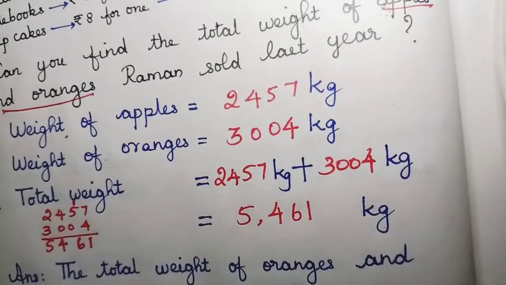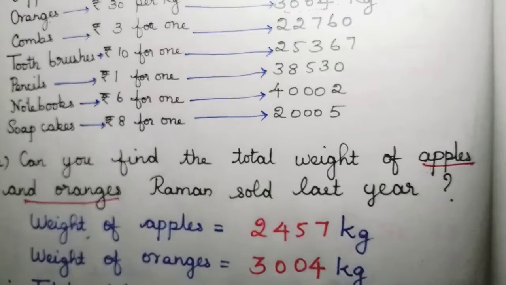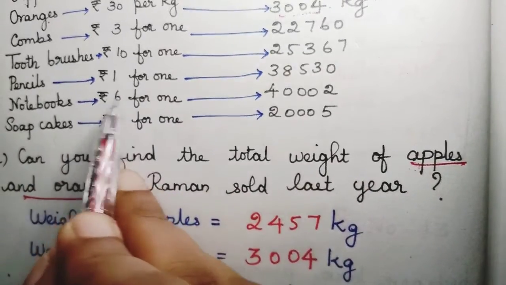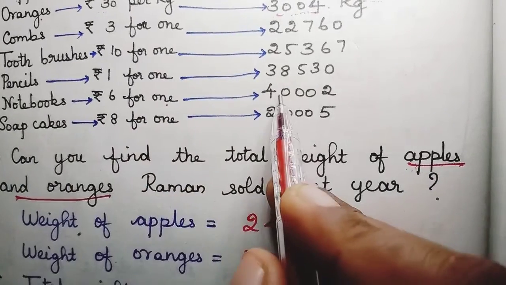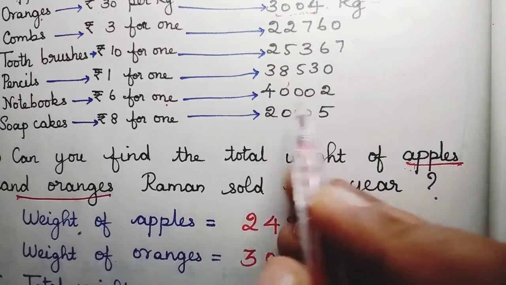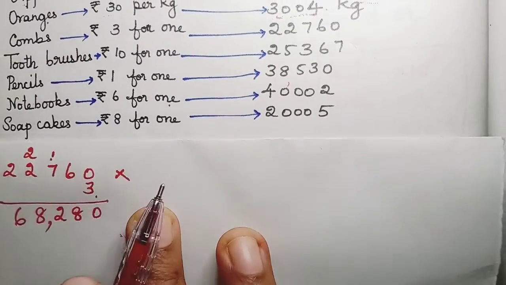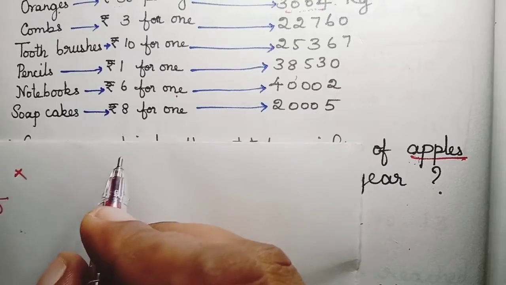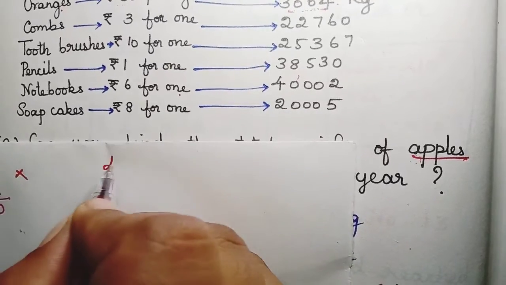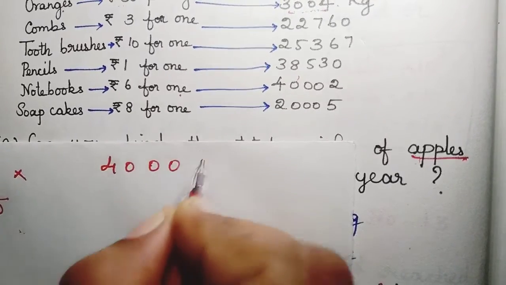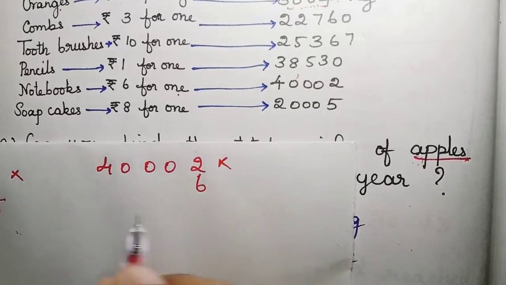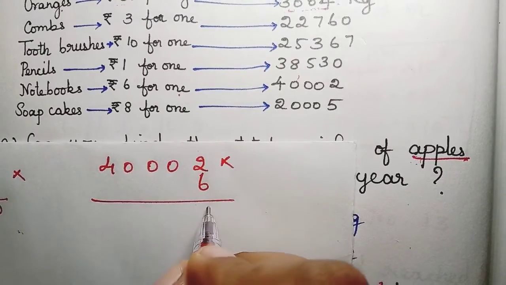For notebook it is rupees 6 for 1. So you have to multiply 40,002 with 6. We will multiply and find the answer. 40,002 into 6. 2 6s are 12.